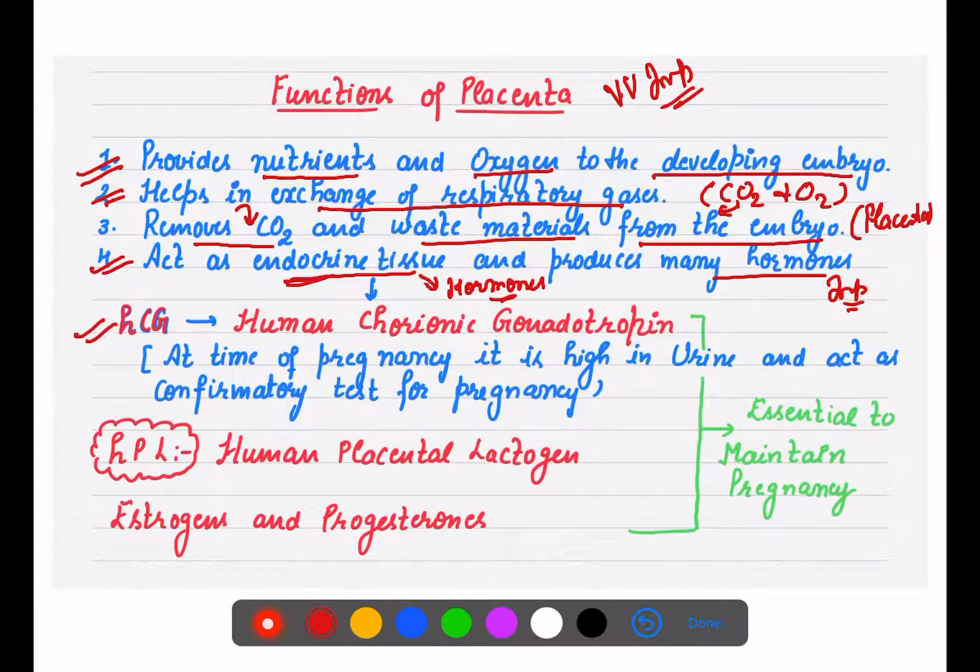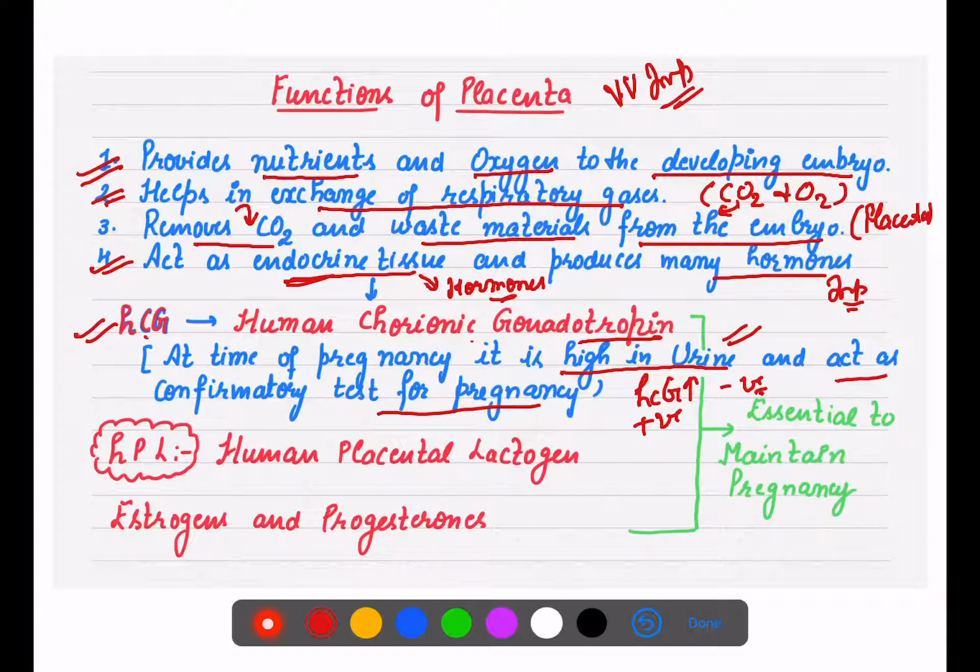HCG, that is human chorionic gonadotropin. This HCG is very high in urine if a female is pregnant. So for a pregnancy test, when a urine test is done, HCG's amount is very increased. So this shows a positive pregnancy test. If it is not raised, then it shows a negative pregnancy test.